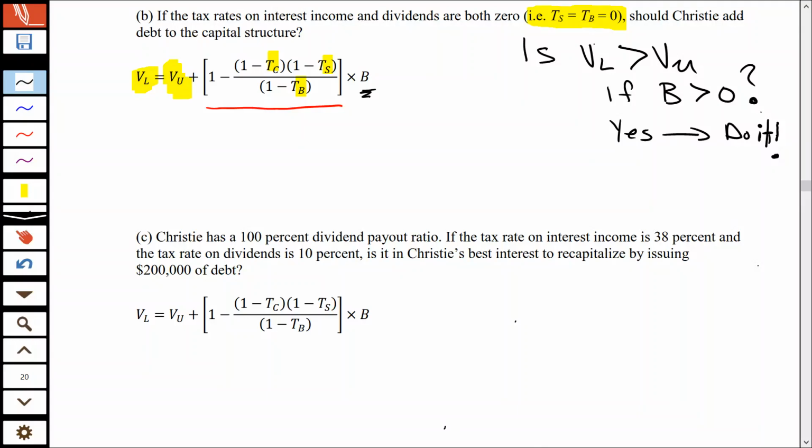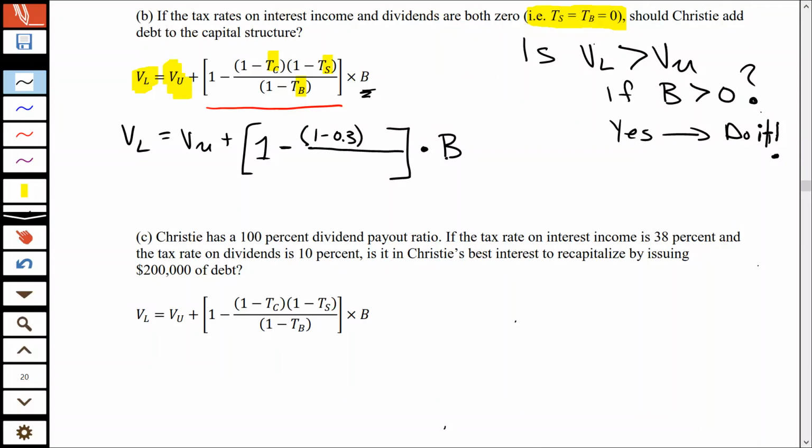So away we go. Let's plug the values in. VL is equal to VU to begin with, plus we'll set up this big square bracket, and we will multiply its contents by B, the level of debt. And we've got 1 minus, we set up this fractional term. So 1 minus the corporate tax rate, which was given as 30%.